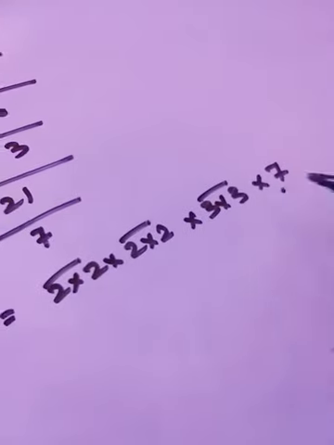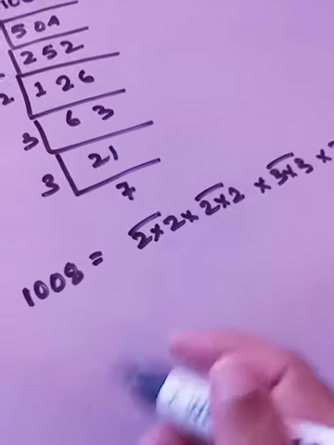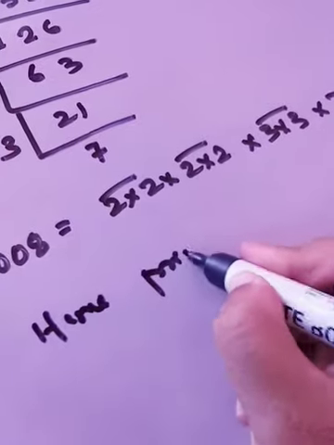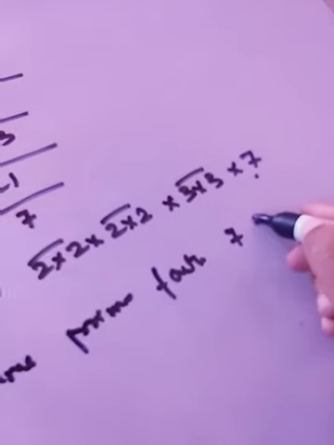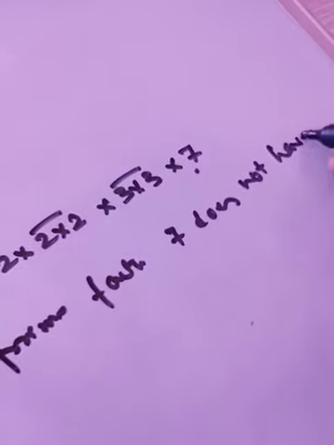Again 7 is unpaired. So what you will write? Hence prime factor 7 does not have a pair, isn't it?